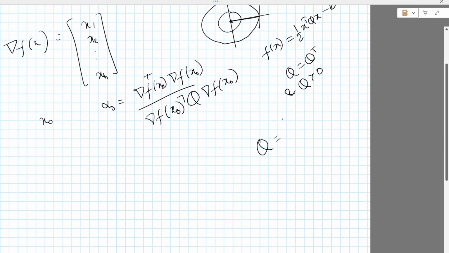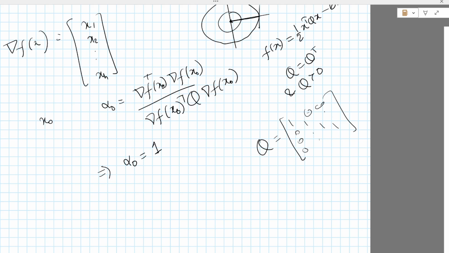So that means alpha is equal to 1, is it? I think so. It is identity only. So this implies alpha is equal to 1.